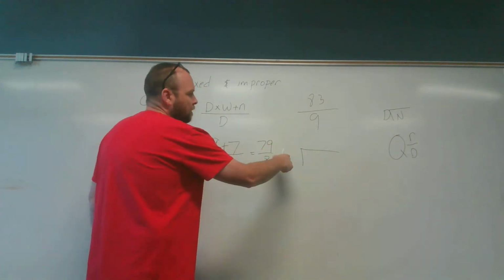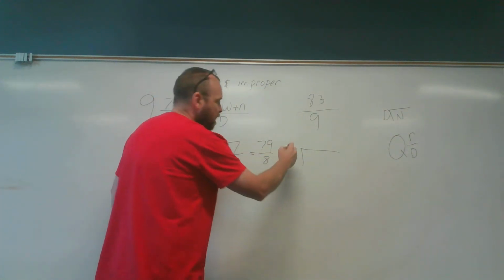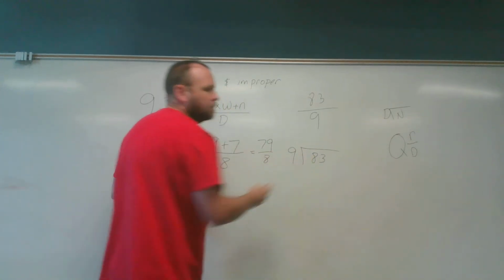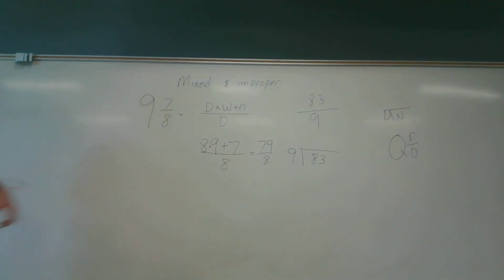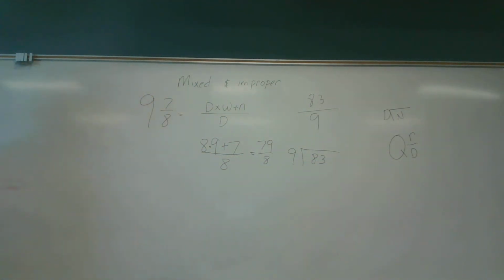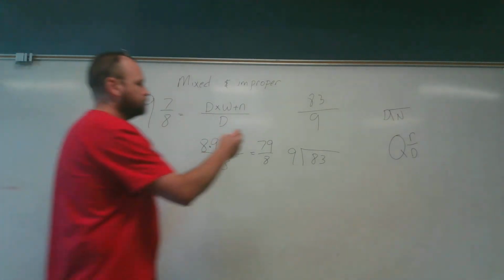My denominator is 9. And my numerator is 83. Okay, that's how you set it up, just like I just did. We've done hundreds of those when we've been adding fractions. Gus, how many times does 9 go into 83? 9. Good job.